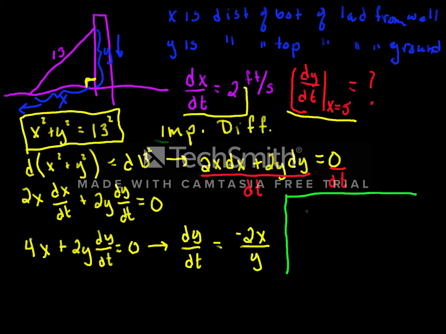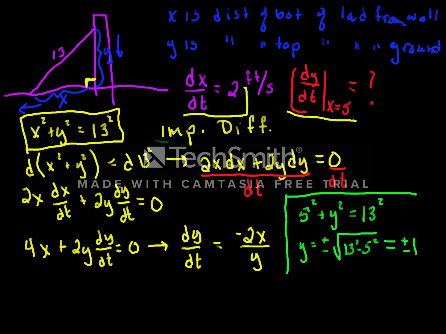If x is 5, I'm going to have 5 squared plus y squared is equal to 13 squared, or that y will be plus or minus the square root of 13 squared minus 5 squared, which is equal to 12.